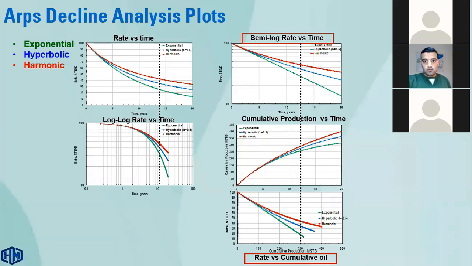It is widely used by oil and gas companies because it predicts the lowest values. Also, it's simple in calculations, because we have a straight line by plotting log Q versus time.